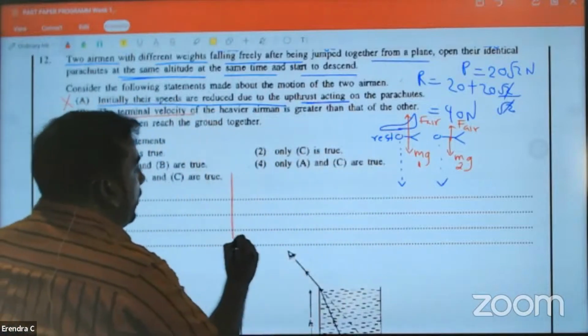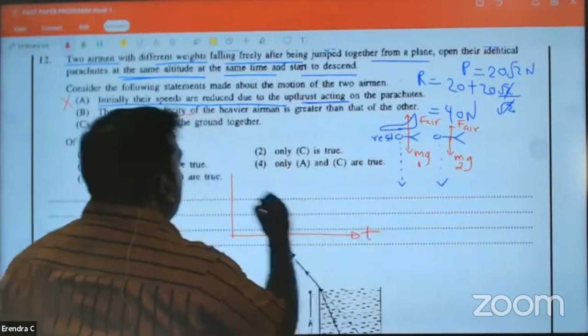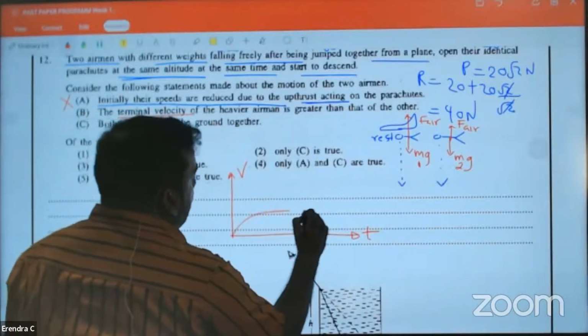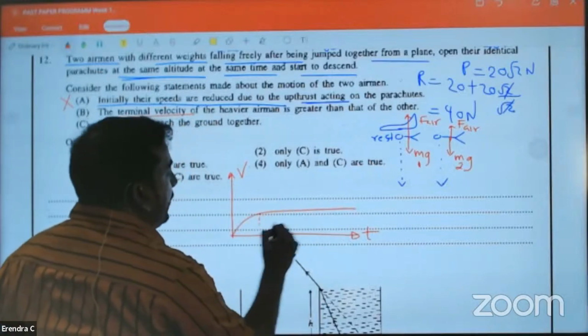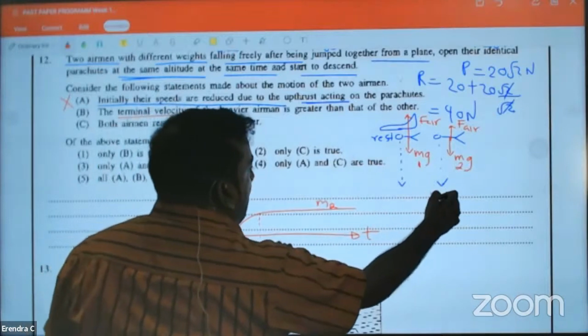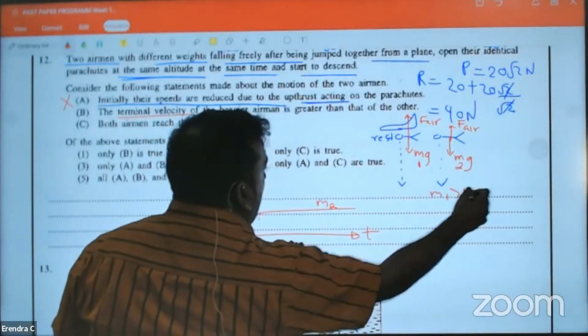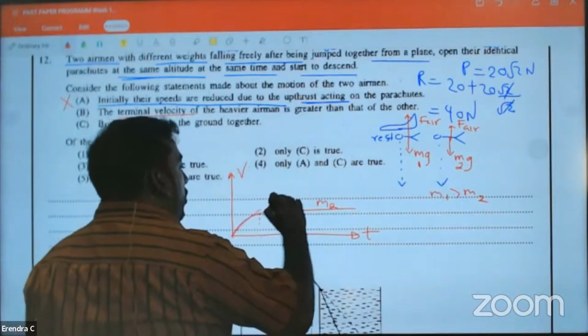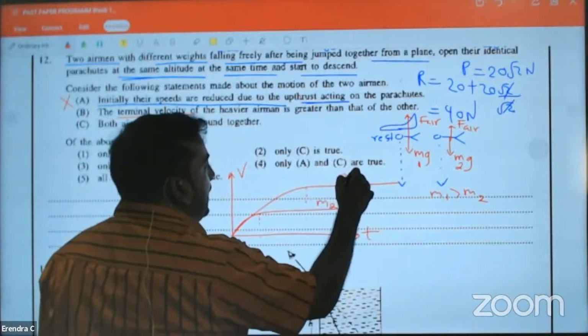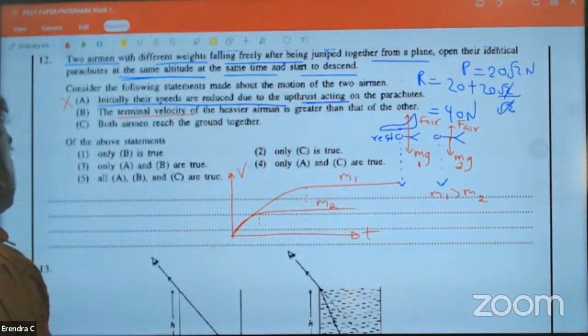If I plot the graph, who will reach terminal first? Lesser time, the thinner fellow, the smaller man reaches terminal velocity first. The bigger fellow will take a longer time to reach terminal velocity. Clear? Right. B is correct.